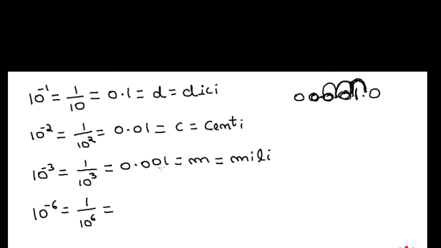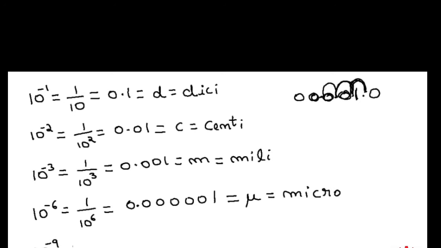If it is 10 to the power of minus 3, there are 3 zeros before 1 and the decimal point is written immediately after the first zero. So if it is 10 to the power of minus 6, there should be 6 zeros before 1 and the decimal point is immediately after the first zero. I'll be writing 6 zeros, then 1, decimal point immediately after the first zero. It is denoted by the micro symbol. Of course, it is micro.